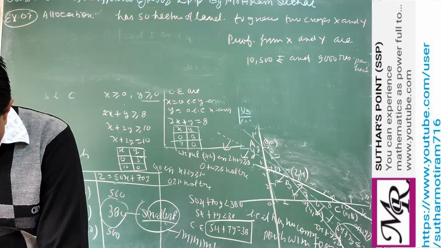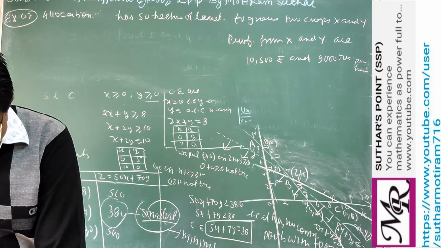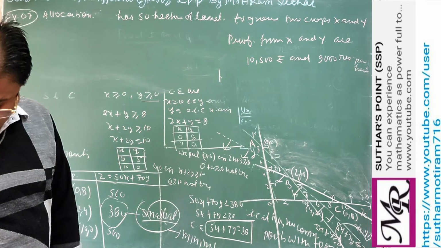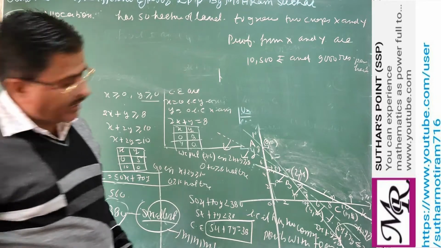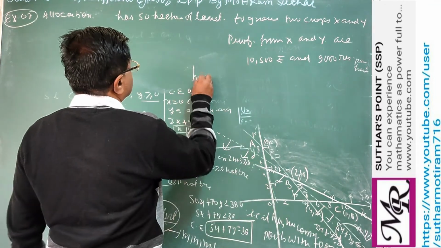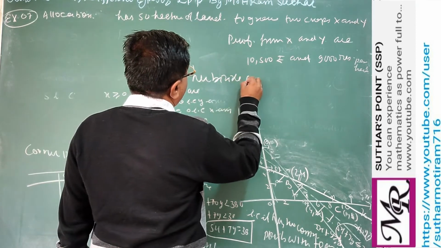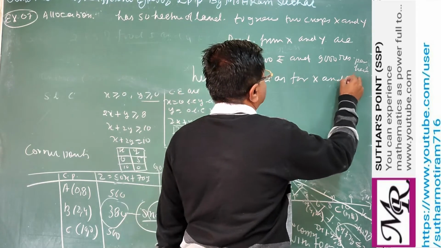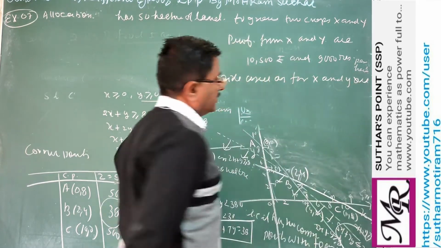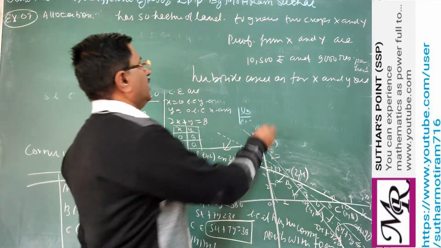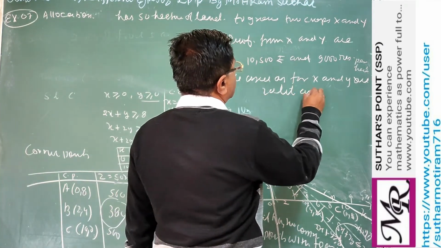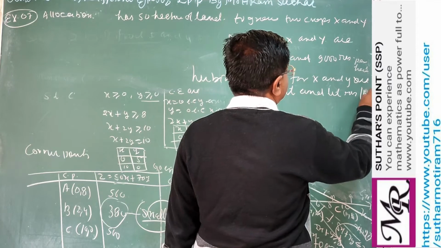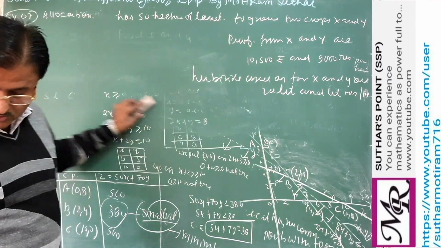Now to control weeds, a liquid herbicide will be used for the X and Y crops. We are writing the information in short form: 20 liters and 10 liters respectively per hectare. This is also per hectare. This information is given.